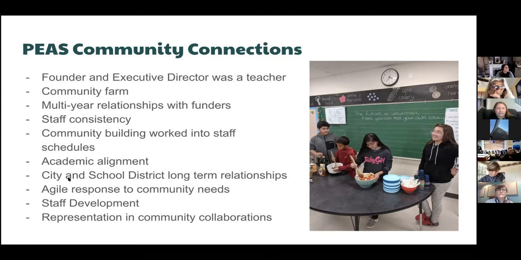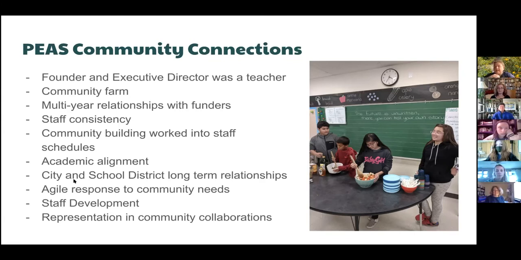They have really long-term relationships with both the city and the school district, and they sit on several committees within the district and the city. So they're not just building relationships, but sitting at some of the decision-making tables with partners to help influence the school garden network in Austin.